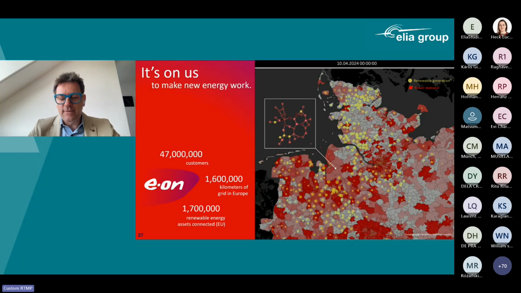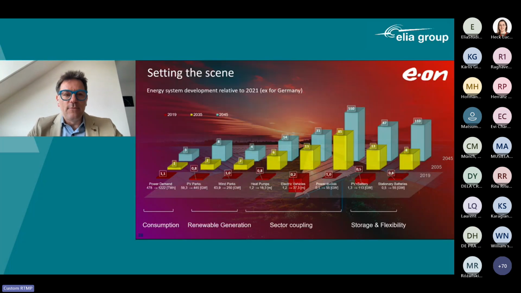If we look ahead at how things will change, I took the example of Germany. In the next slides, I provide a view of how the energy system is going to develop relative to 2021 for the case of Germany. As we know, consumption is going to increase due to the electrification of different sectors by a factor of 3.